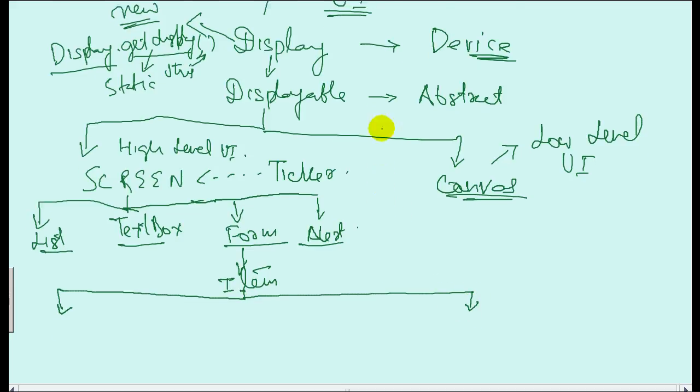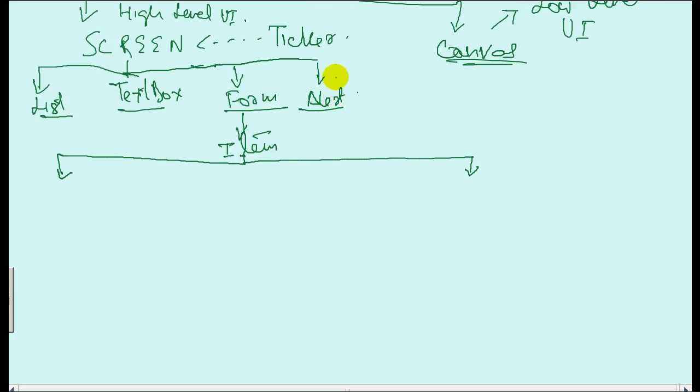For example, in the Item class we have a text field. Text field is as good as a text box, but we can put many text fields on the form. So the container for the text field is the form, and for the text box, form, alert or list, it is the display itself.